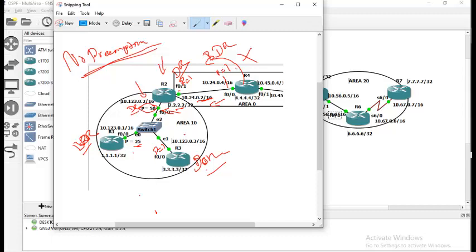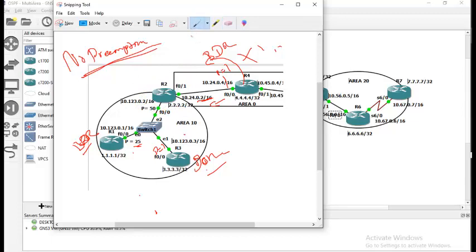Afterwards, what happened? I disturbed this router globally, R2. Disturbance means R2 went dead for a few minutes.